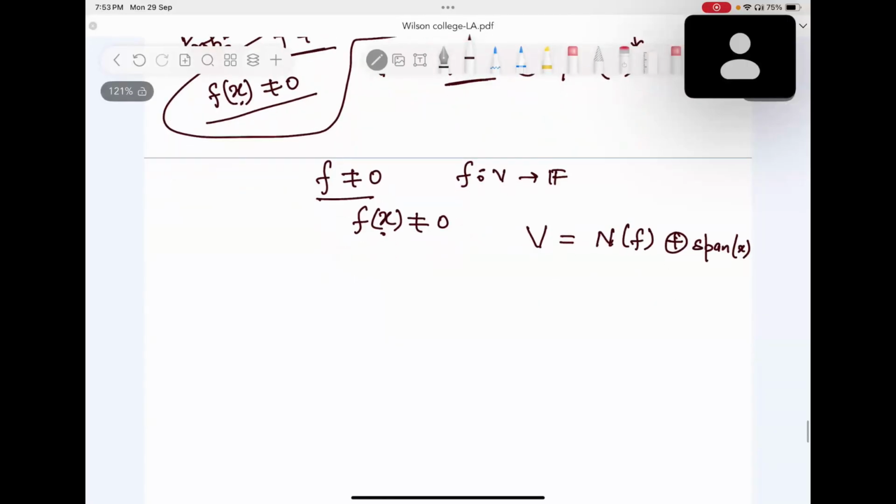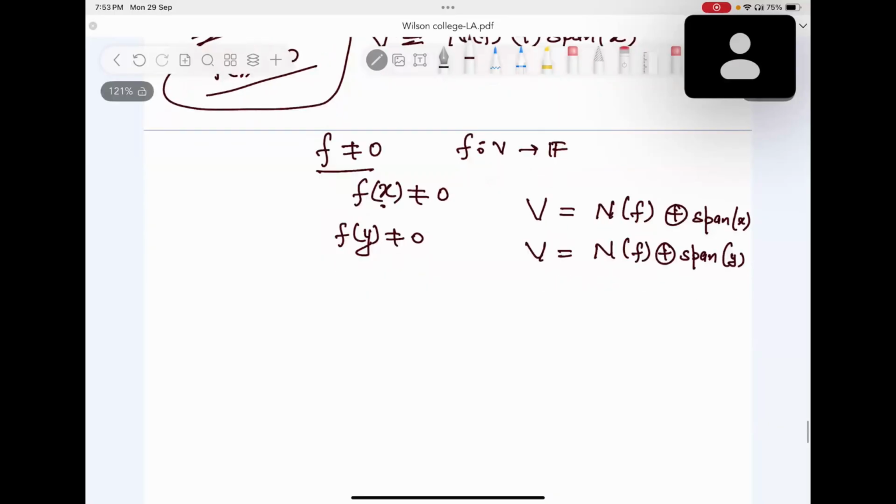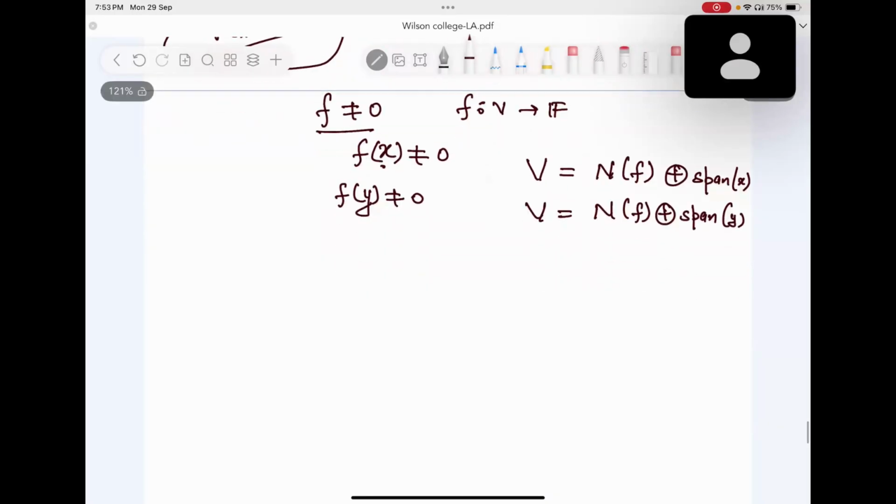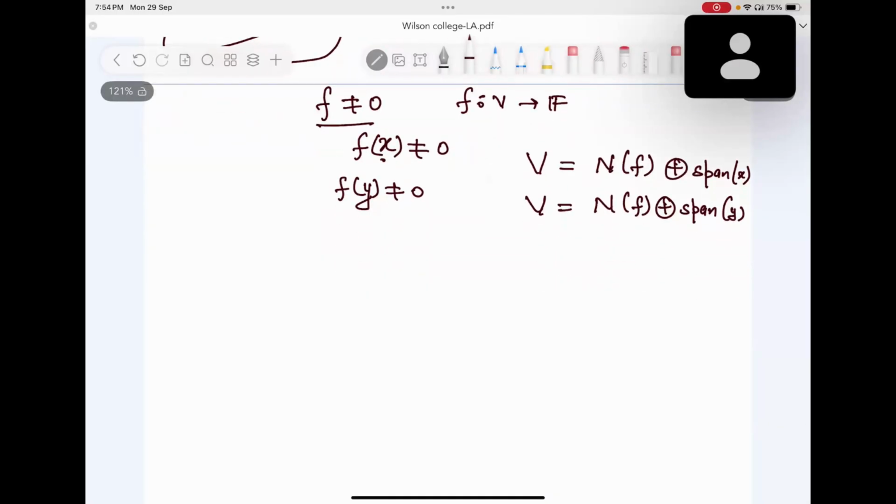Suppose you want to take some other y such that f of y is not equal to 0, then you can always write V as null space of f direct sum span of this y. Now how will you write this? Take any member, z, in V.